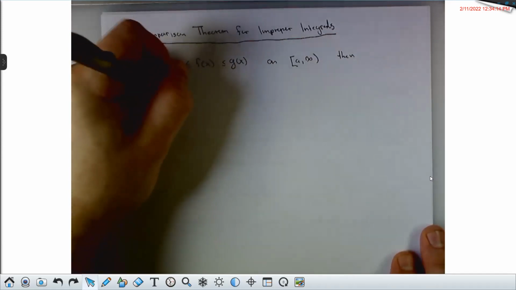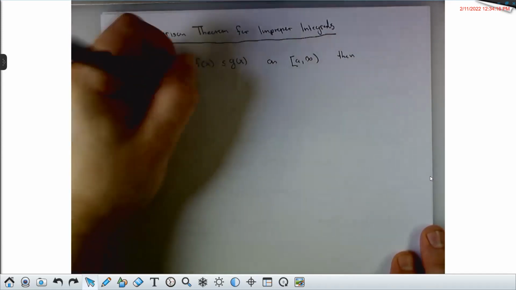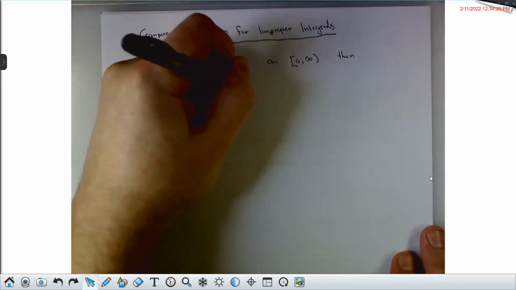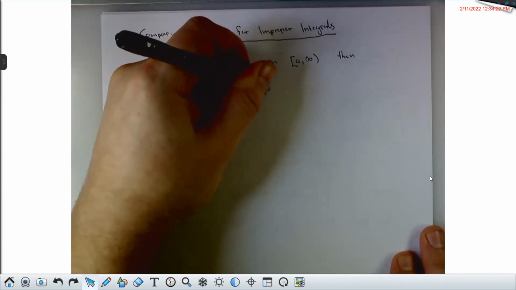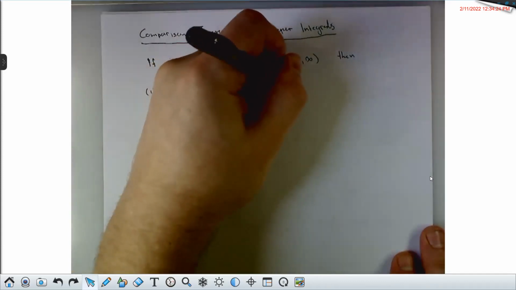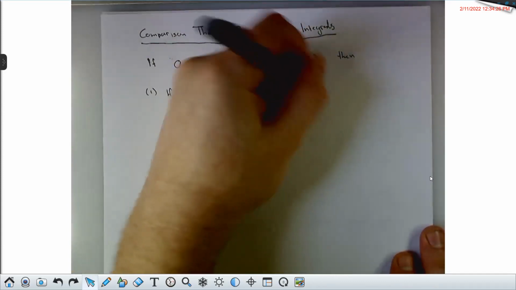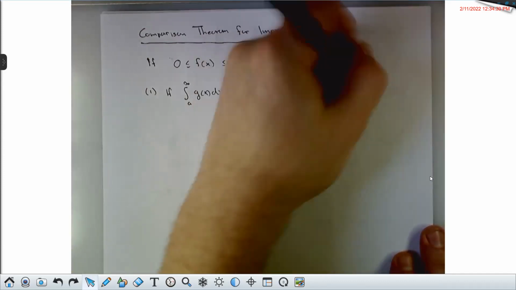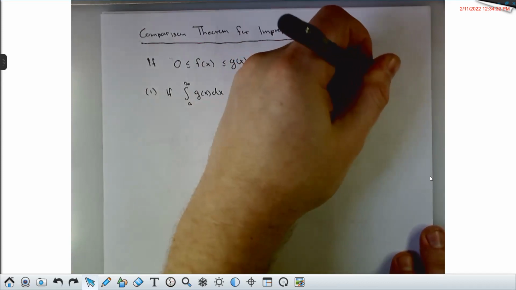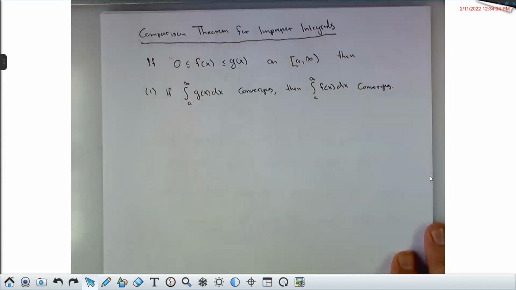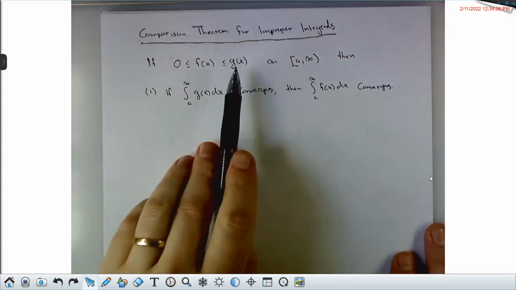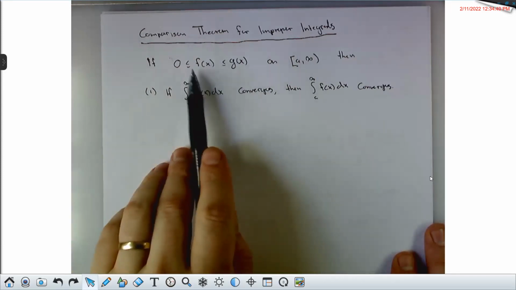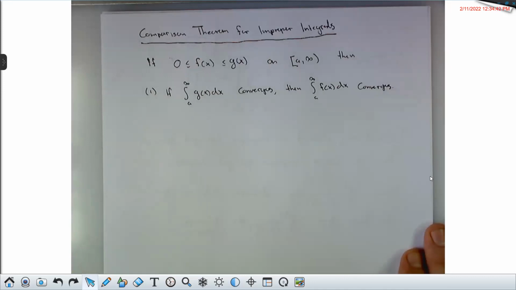If the integral from a to infinity of g of x dx converges, then the integral from a to infinity of f of x dx converges. So if the integral of the bigger function is finite, then the integral of the smaller function must also be finite.